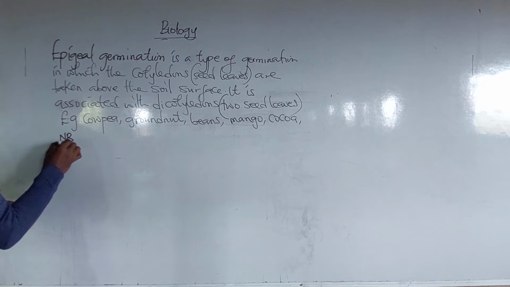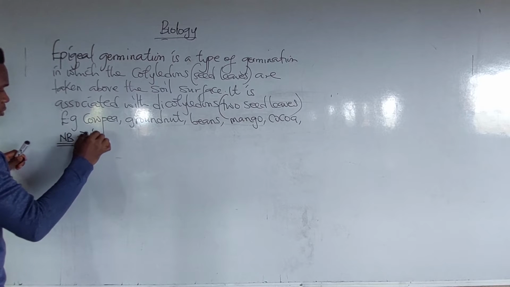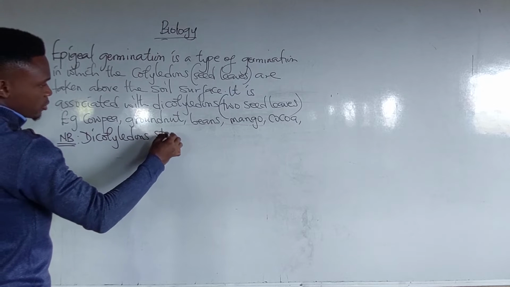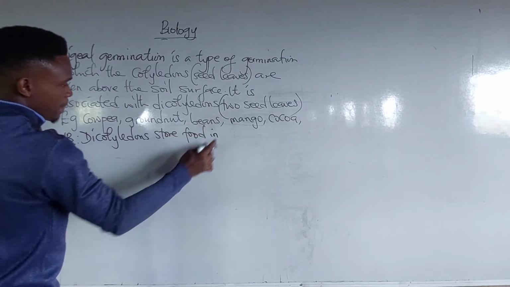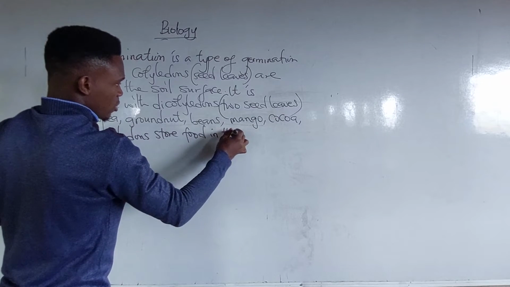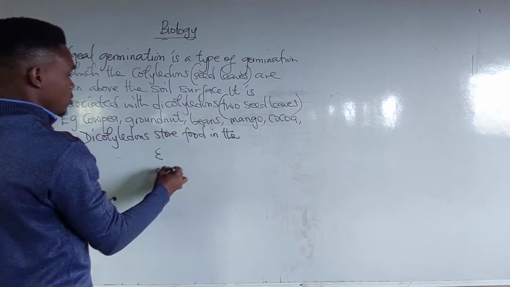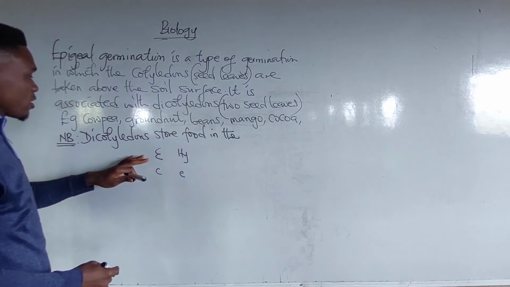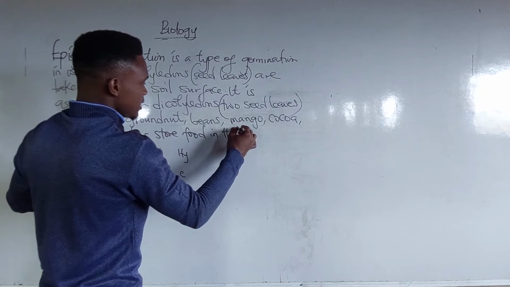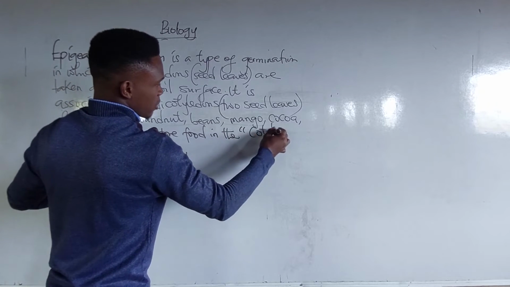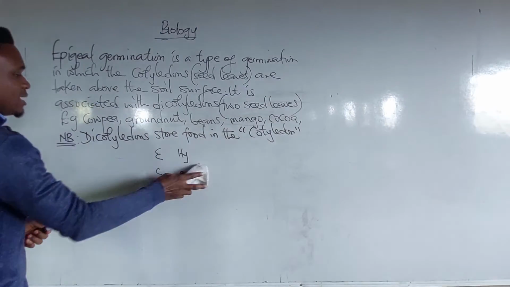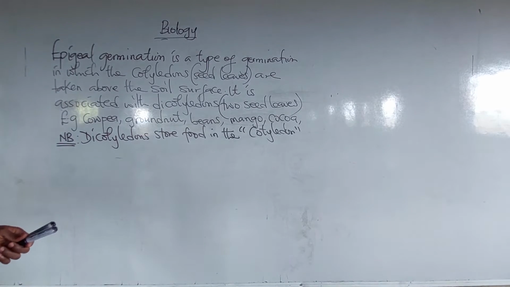Please note: dicotyledons store their food in the cotyledon. The energy they absorb from their food is stored in the cotyledon. Please take note of that. It is very, very important.